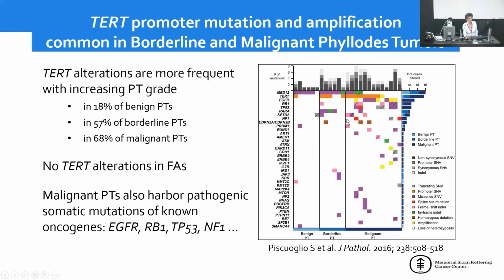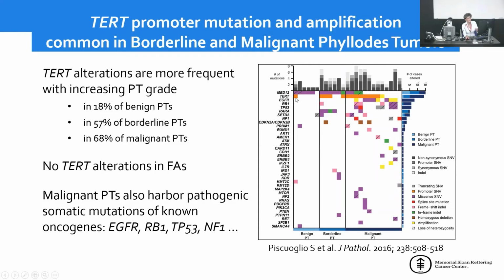Of course, in malignant phyllodes and in borderline, we find additional alterations. In particular, our group has found TERT promoter mutations, more uncommonly amplifications, that tend to increase in frequency. You see this orange bar in this diagram, where every column is a case and every row is a gene; TERT is represented here.